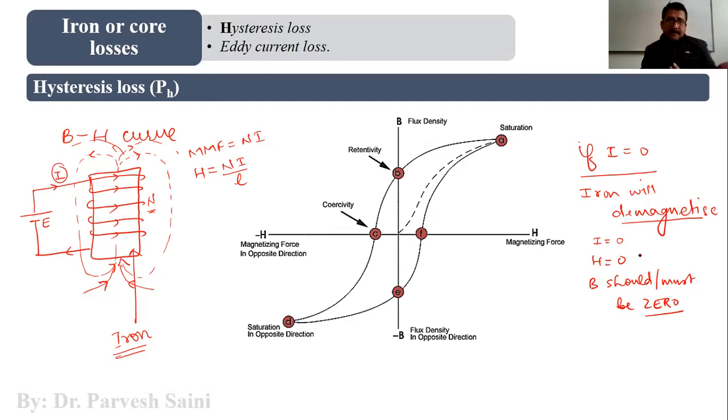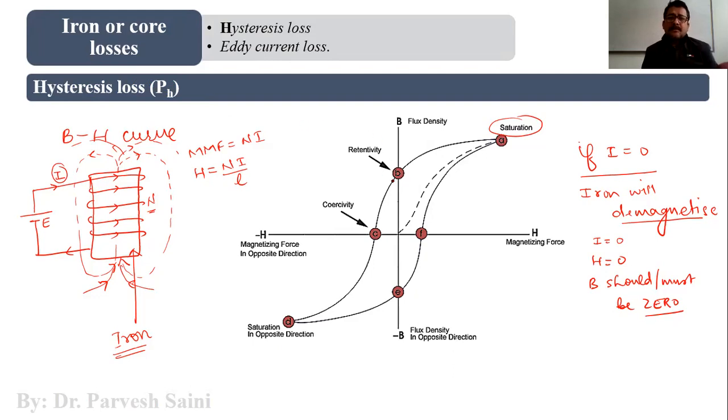This is what we desire to happen. When you have magnetized a ferromagnetic material to saturation and want to demagnetize it, it should demagnetize properly with B equal to 0 at H equal to 0. Practically, this does not happen.